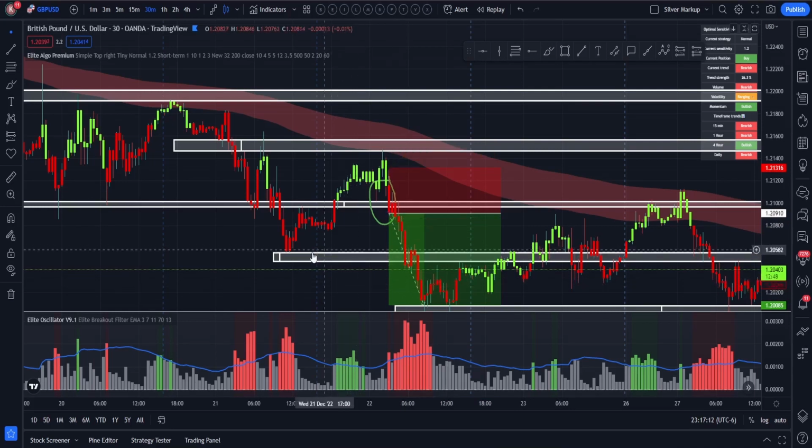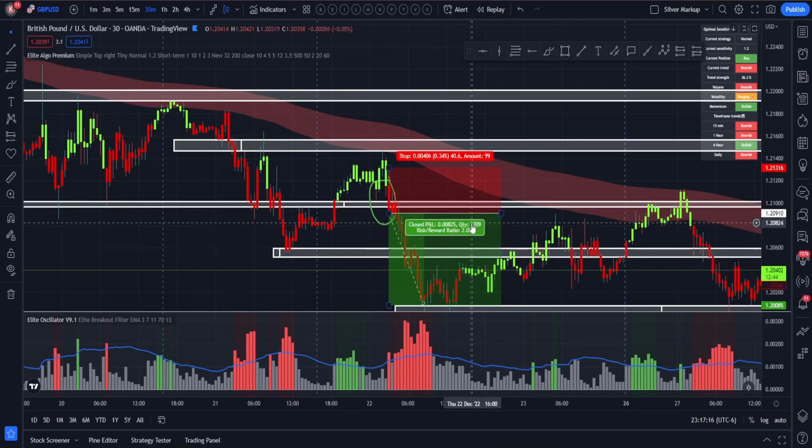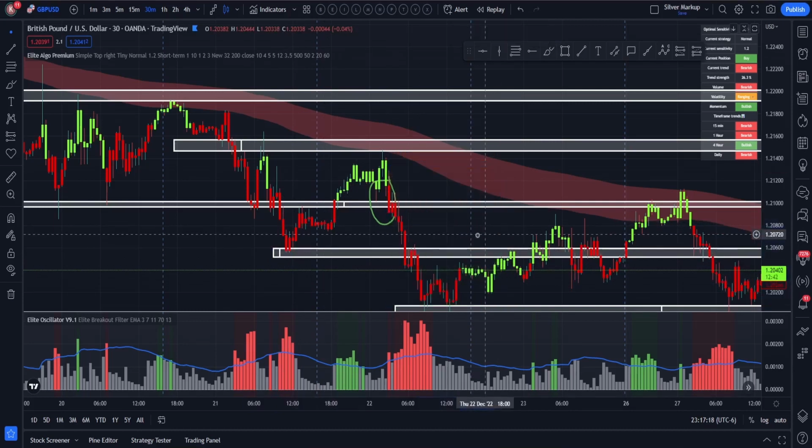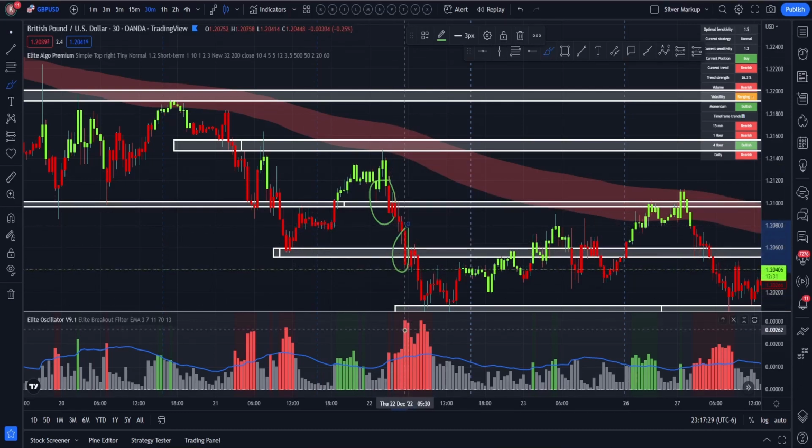Then you have this area here, and this one here, you probably slide that up. And you see that this candle here, very next breakout would have been on this big candle here. That candle. You see that it's still red. Not only is it red, it's at the top of the range for the breakout filter.